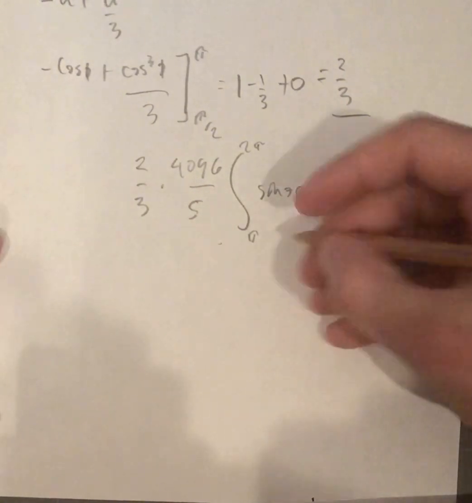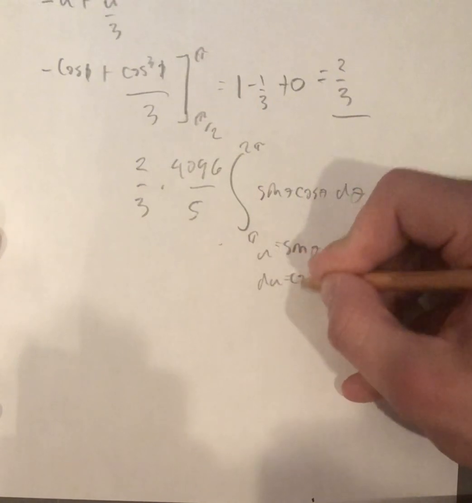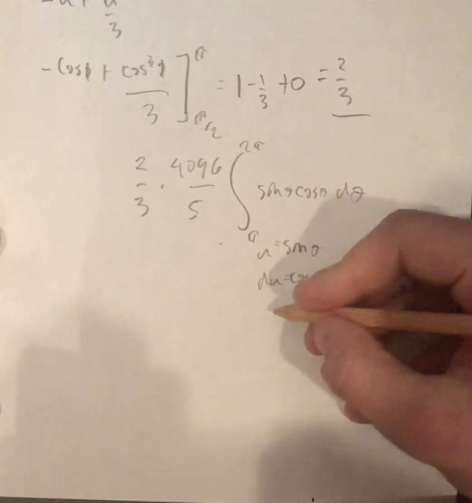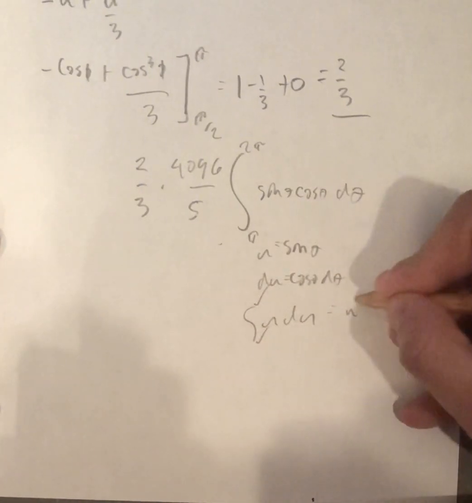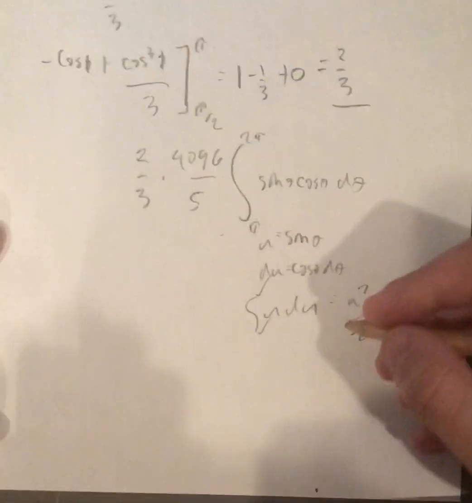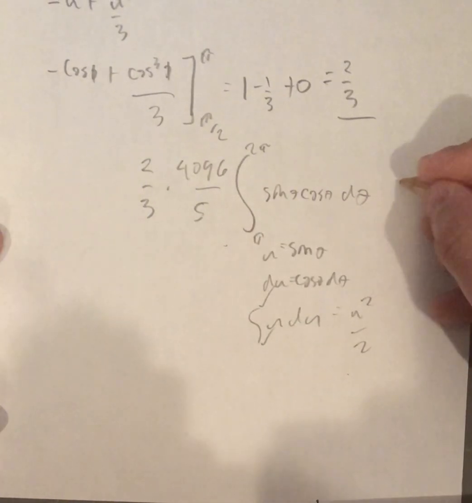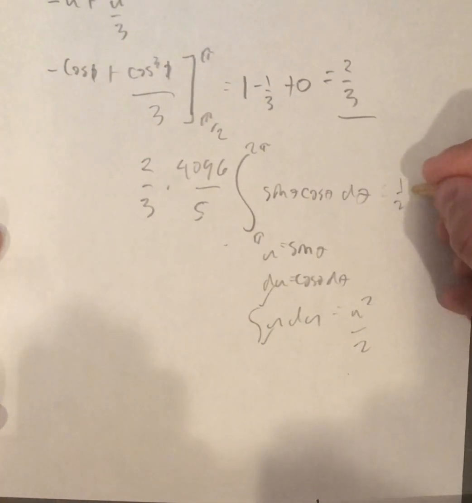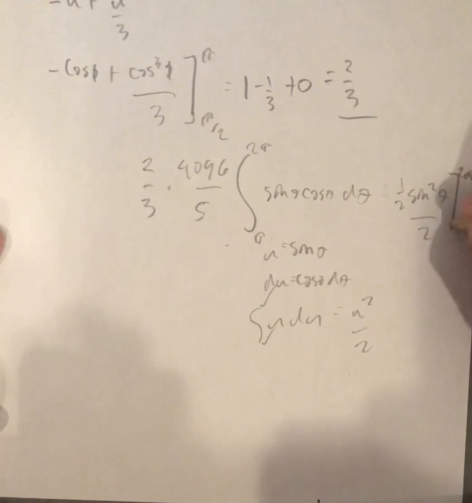All right, well, this is just a simple u sub again. U is sine theta, du is cosine theta d theta. So this is going to be u du, and ultimately going to be just u squared over 2. So this integral is going to be sine squared theta over 2 from 2 pi to pi.